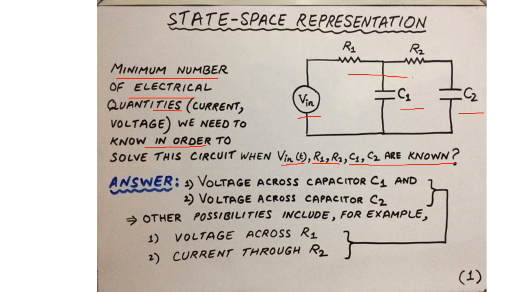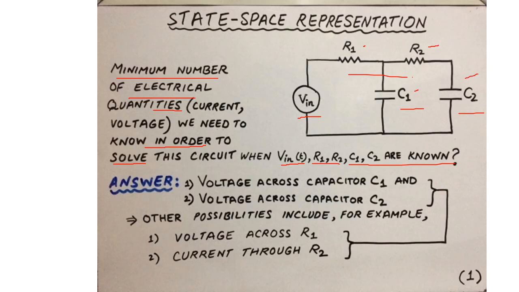Now, to answer this question, we first need to understand what we mean by solving the circuit. Solving the circuit here means that we know the value of current and the voltage for each electrical component. In this case, we have four electrical components, R1, R2, C1, and C2.